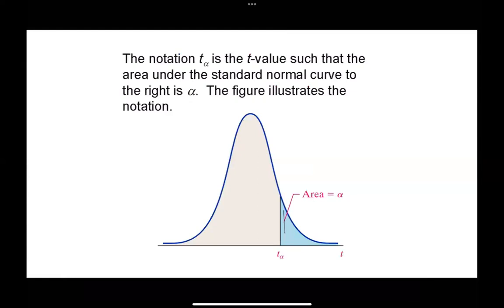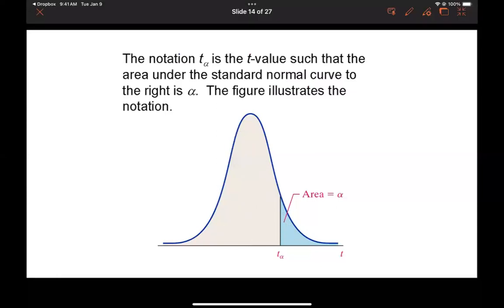So this area right here would be your alpha. So it's basically whatever this big percent is here, 100% minus that. We kind of did a little bit of this previously, but one side of this would be alpha. Now, if I had both sides of it, then we would have alpha divided by 2.